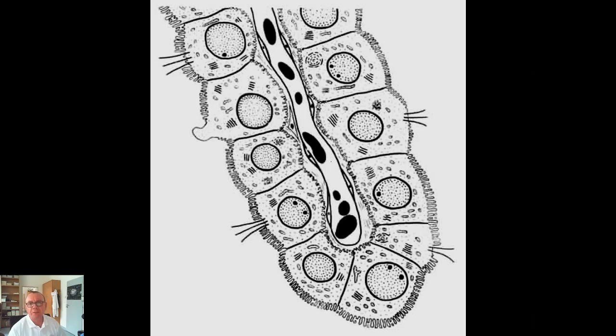Epithelium of choroid plexus, as I said, some cilia are here, but mostly only microvilli. They don't only secrete or transport fluid from the capillaries, but they can also absorb something.